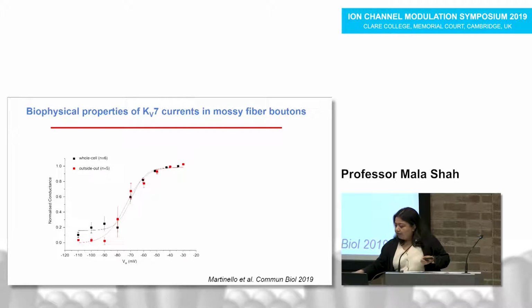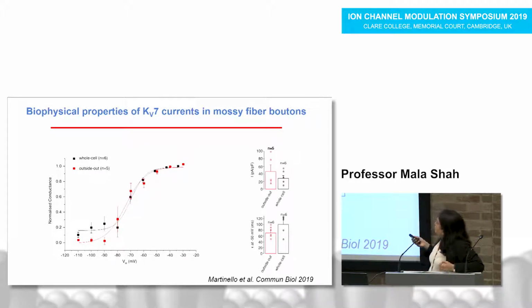If you look at the biophysical properties, the current densities as well as the kinetics of the current under either whole-cell or outside-out patches, you can see that they're very similar. The current densities are very similar, the inactivation time constants at minus 50 millivolts are very similar, and the activation curves are also very similar. So we have a significant amount of current present within the bouton itself, which is what we're recording from.